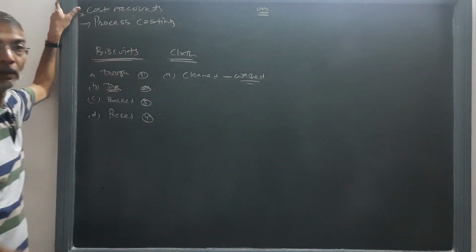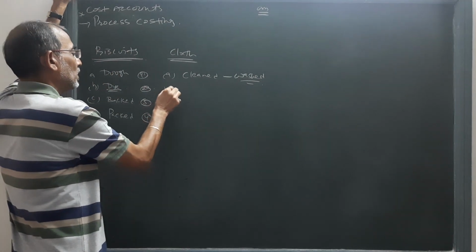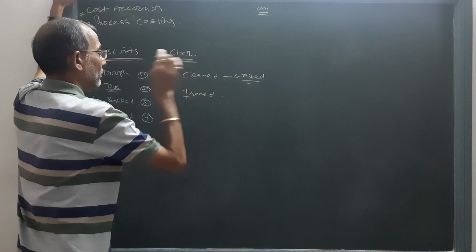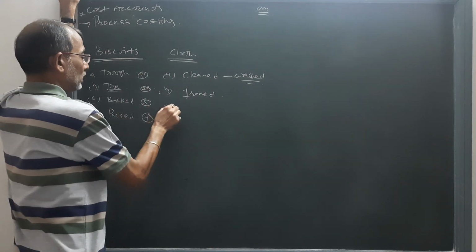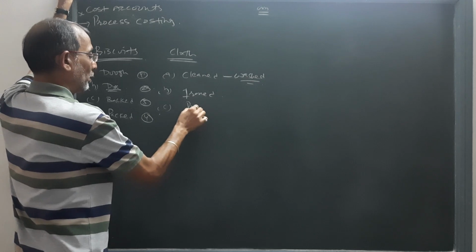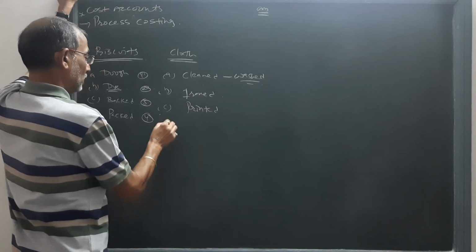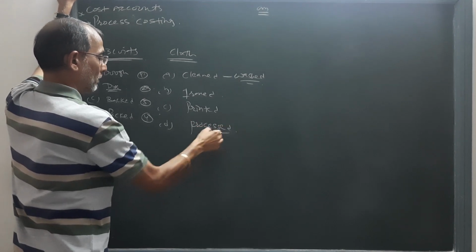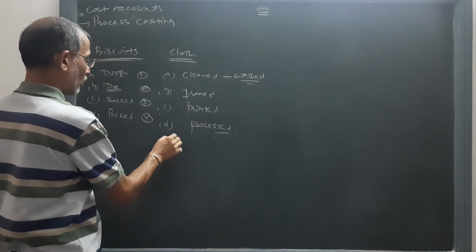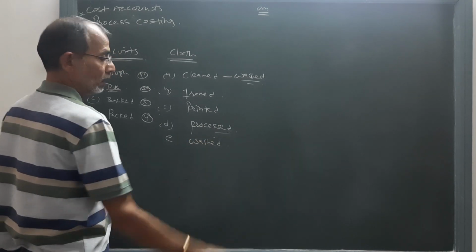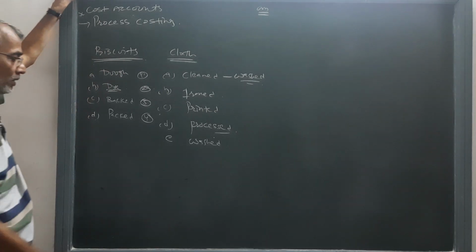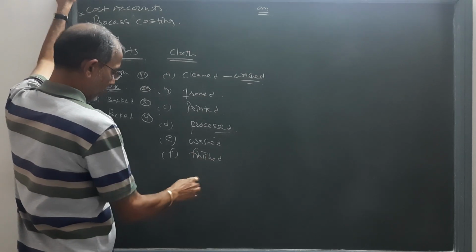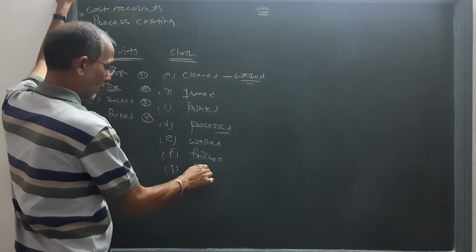So first of all it is washed, then after ironed, then after printed, processed, and again it is washed to take out all the chemicals, then after finished, and then after packed.